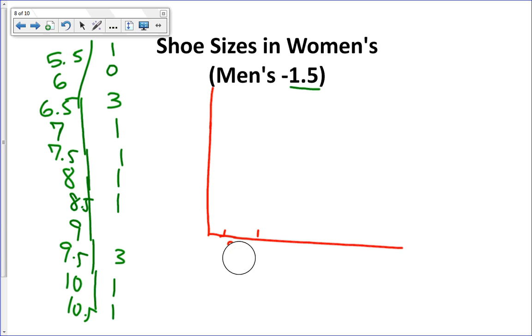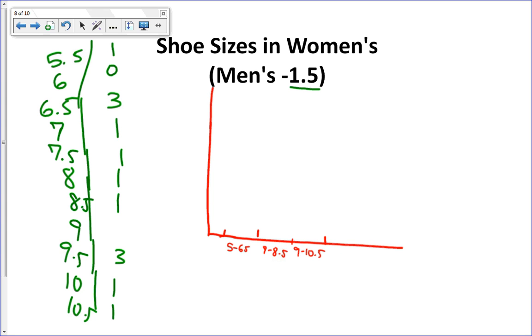It doesn't really matter as long as it's consistent. So this is 5 to 6.5, then 7 to 8.5, then 9 to 10.5, and 11 to 12.5.